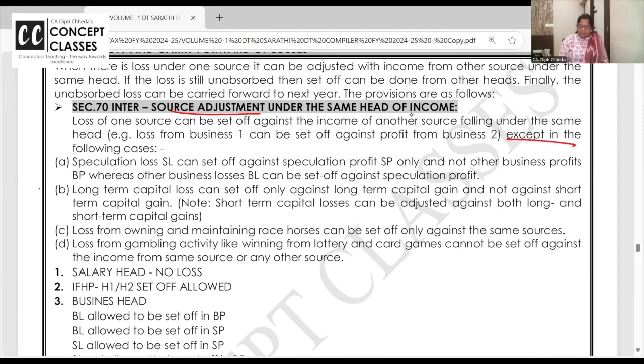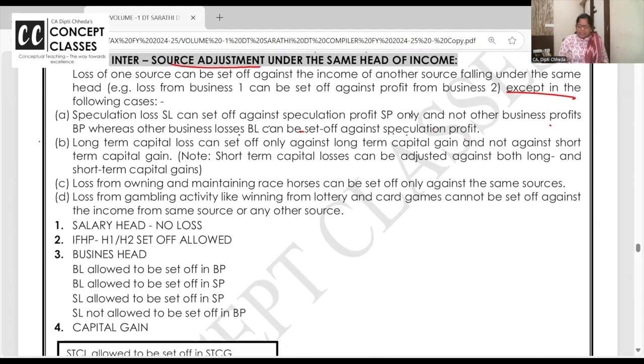Except speculative loss can be set off in speculative profit only, whereas business loss can be set off in speculative. This I told in the diagram. Long term loss can be set off only against long term capital gain and not against short term capital gain. Short term capital loss can be adjusted both against long term capital gain and short term capital gain.